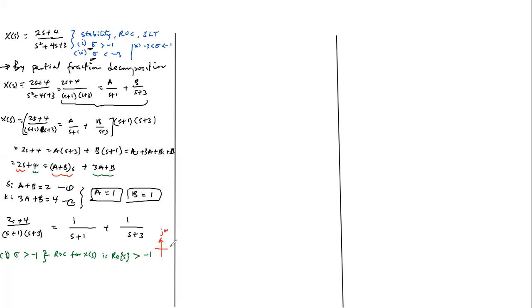This is j omega, this is sigma, and this is minus 1. Since it's greater than minus 1, values here will not exist. So it's going to look something like this. So it's the right side of sigma.